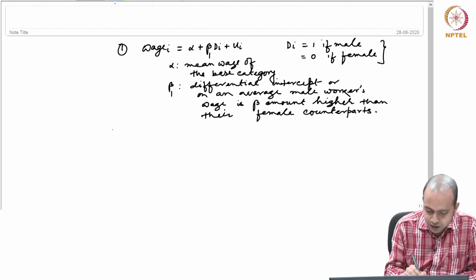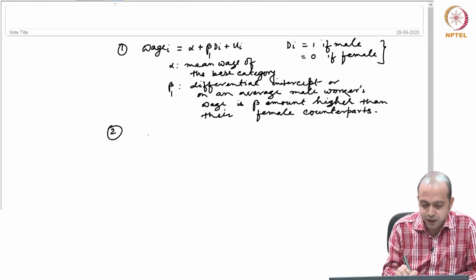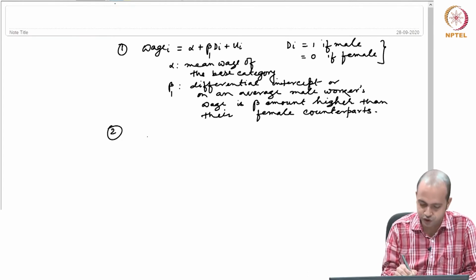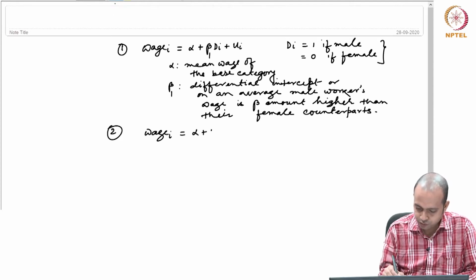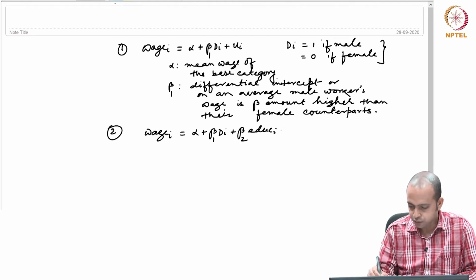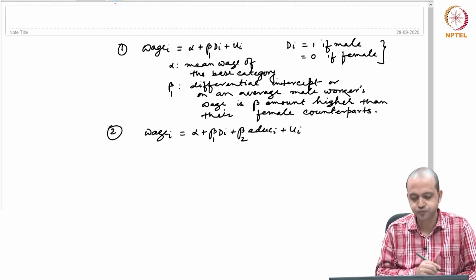And what was the second case we were discussing? In the second case, we introduced one quantitative variable also, and that was education. So, wage equals alpha plus beta 1 di plus beta 2 education i plus ui.